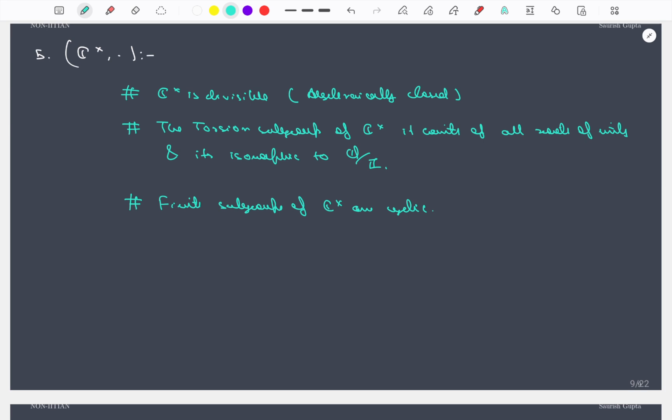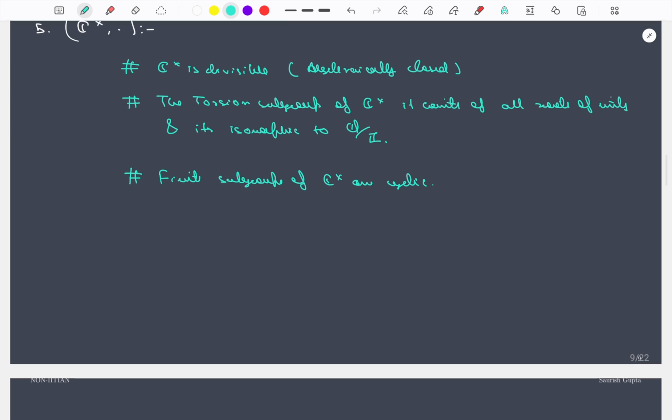A field is basically an additive abelian group such that every non-trivial element is a unit, and multiplication and addition are related to each other through distributivity. We'll come to that in a bit. Secondly, C cross has no proper subgroup of finite order.